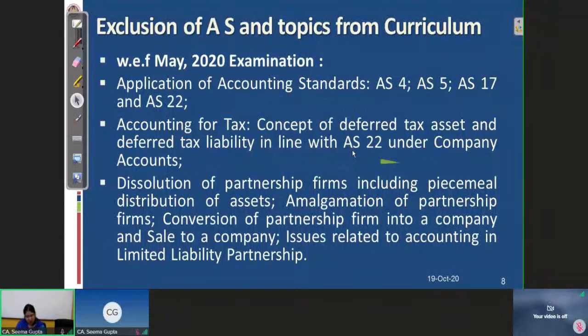Later, we will also discuss the paper 1 old students, because this session is meant for both old as well as new students. So I am concentrating on the requirements for both types of students.